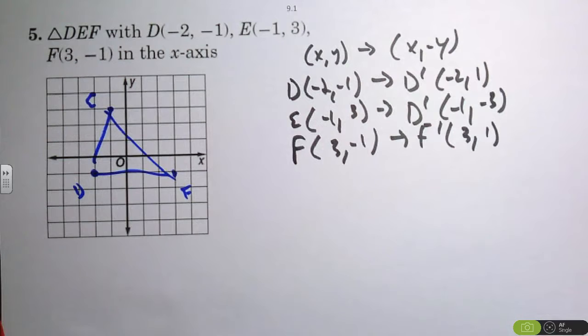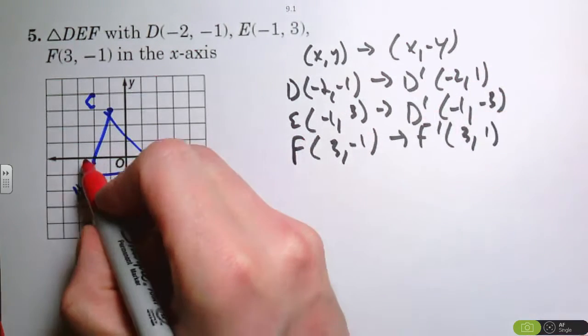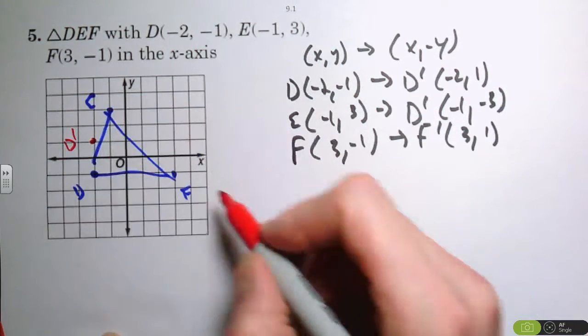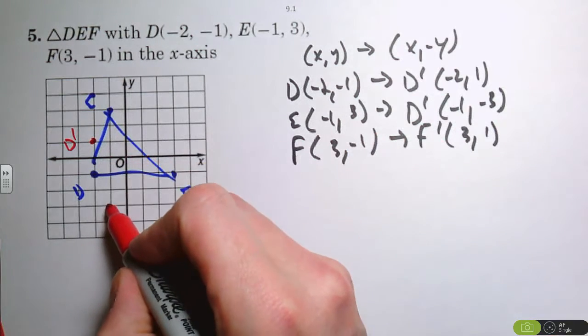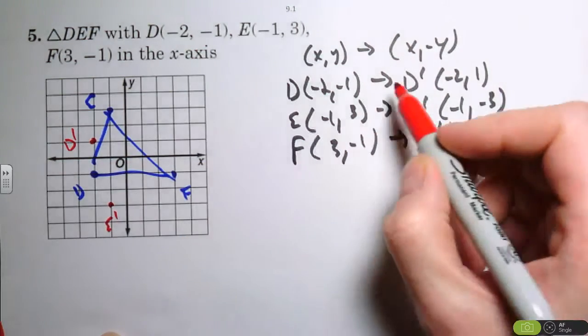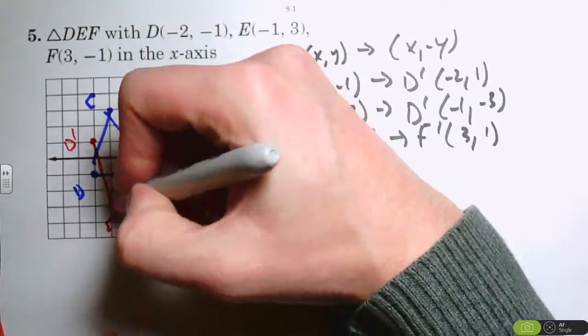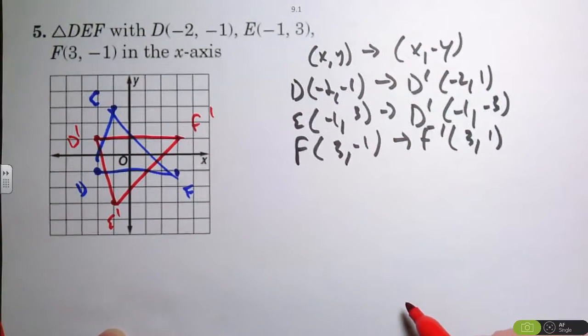And then I reflect that across the x-axis. D becomes (-2, 1). So there's D prime. E becomes (-1, -3). There's E prime. And F becomes (3, 1). Let me just connect those dots. Okay, great.